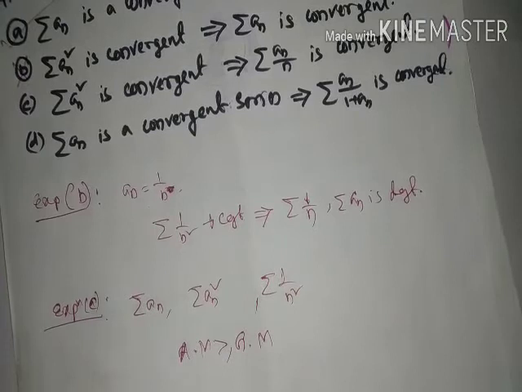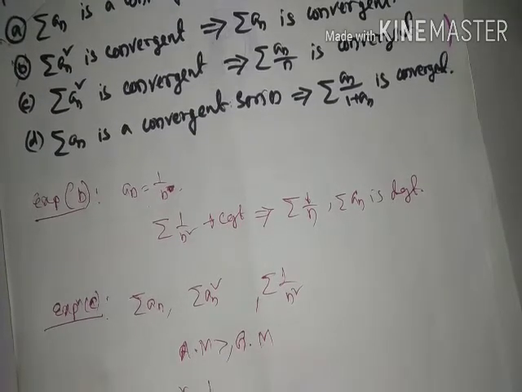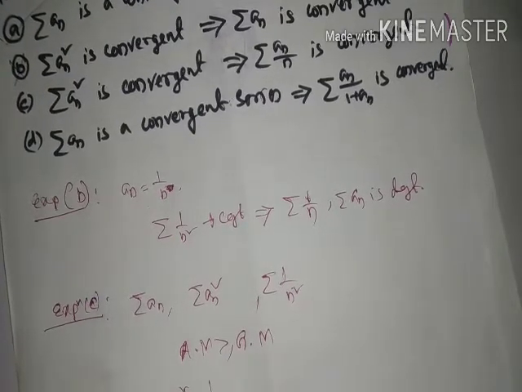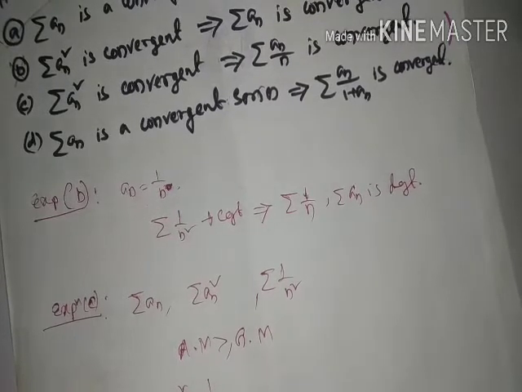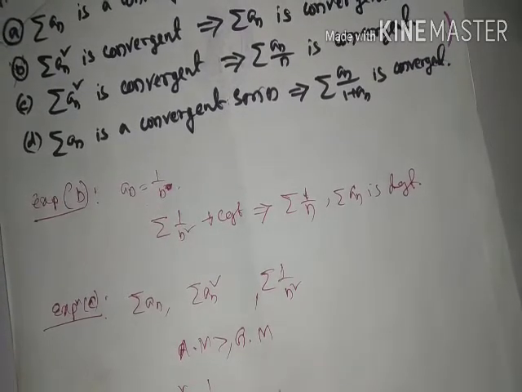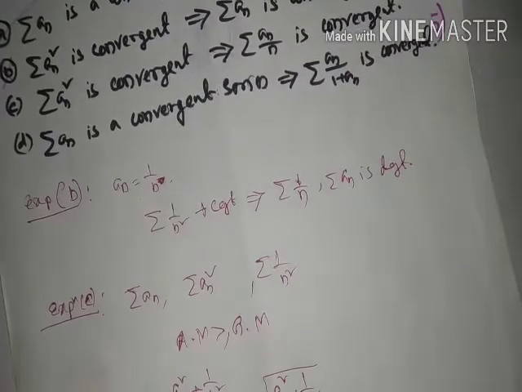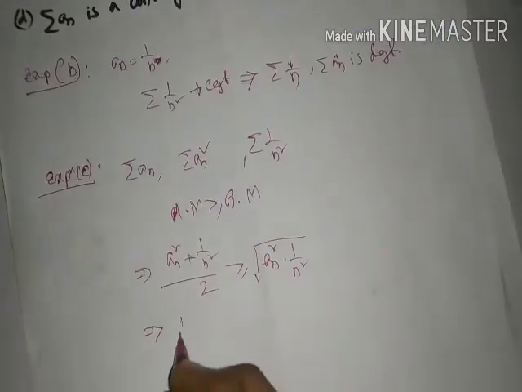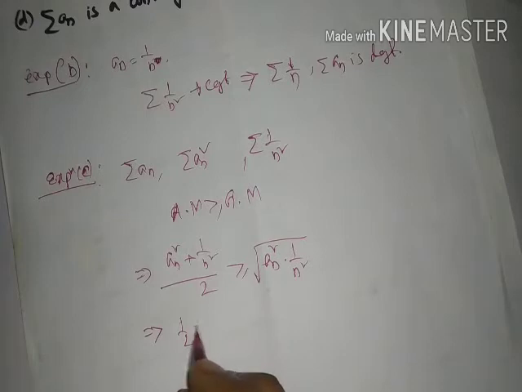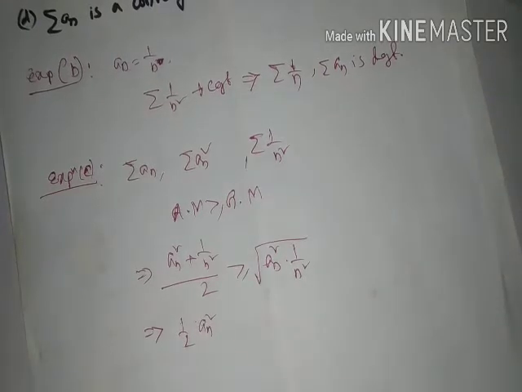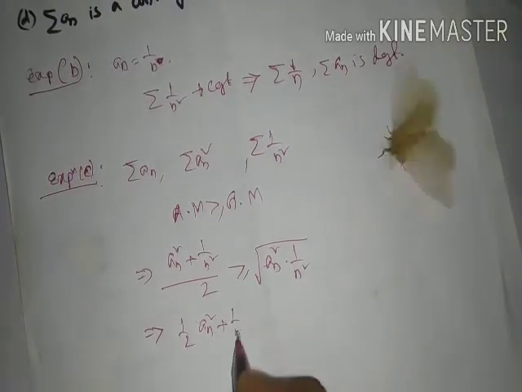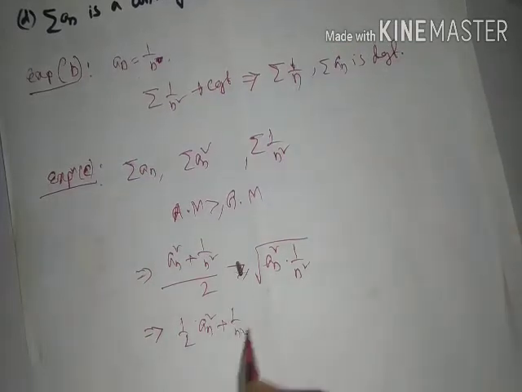So here AM is a_n square plus 1 by n square by 2, greater or equal root over a_n square into 1 by n square. This implies half into a_n square plus 1 by n square.